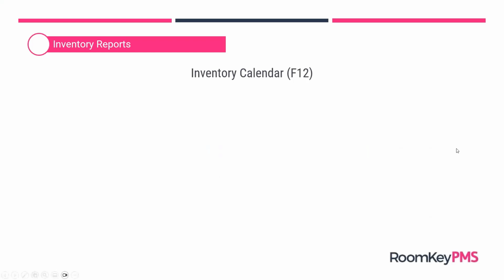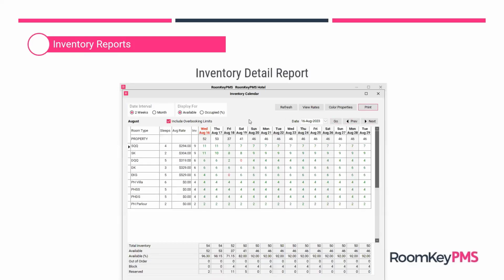The other type of reporting that is affected by inventory overbooking limits is your inventory detail report. So just going back to the database here, inside the inventory calendar, not only do you have the ability to print the inventory calendar as its own report, but if you wanted to look at a single date, so for example, today, Wednesday, August 16th, you can click on the date header.